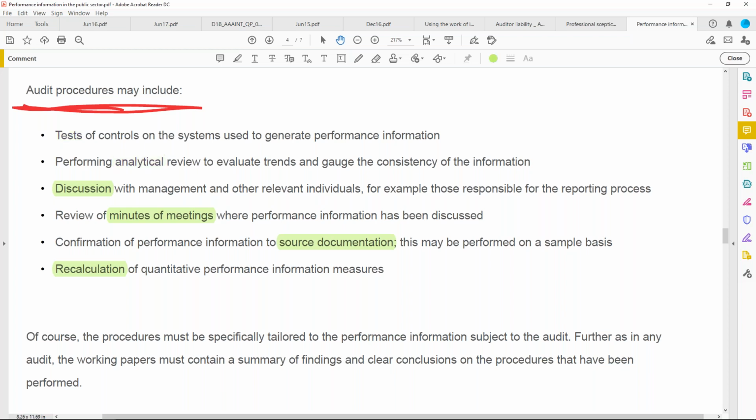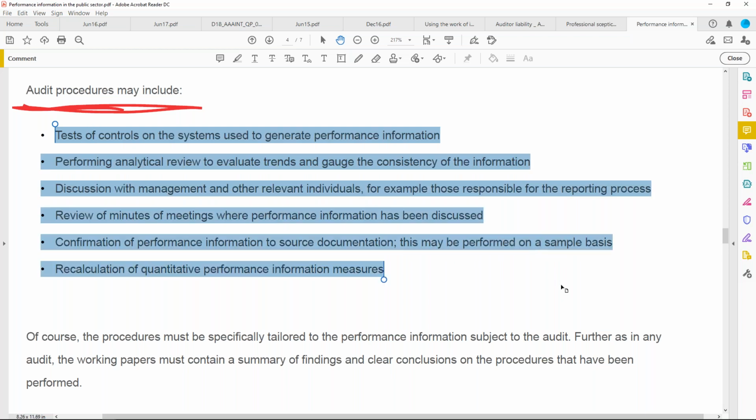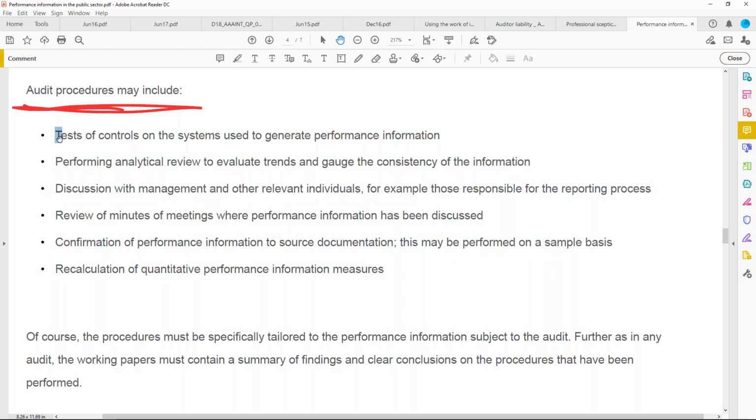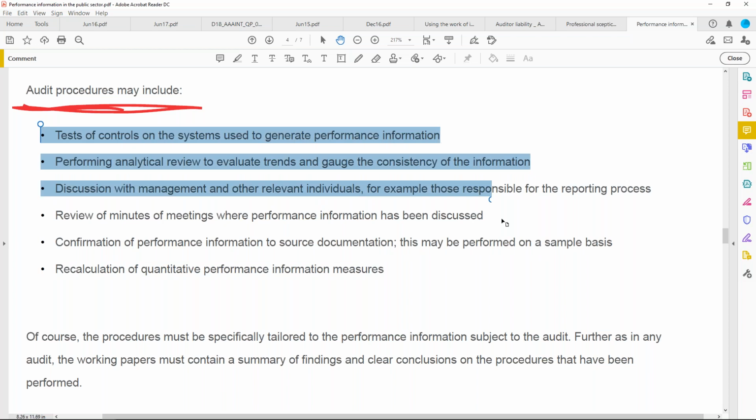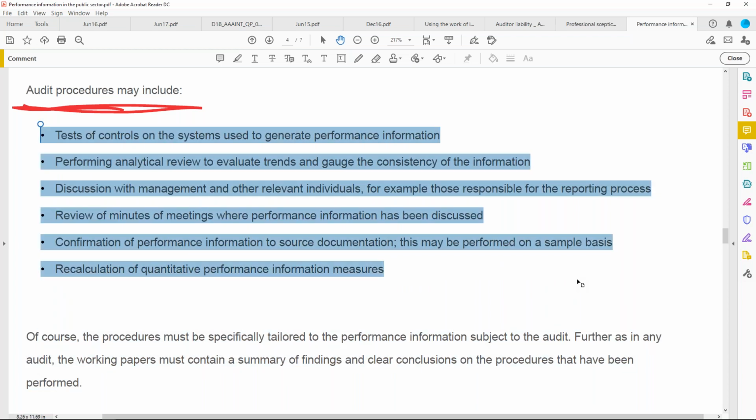Okay, let me put these in the Word file. We'll do a quick discussion of these procedures and then start attempting the past paper. So the examiner is saying, what can be the audit procedures?